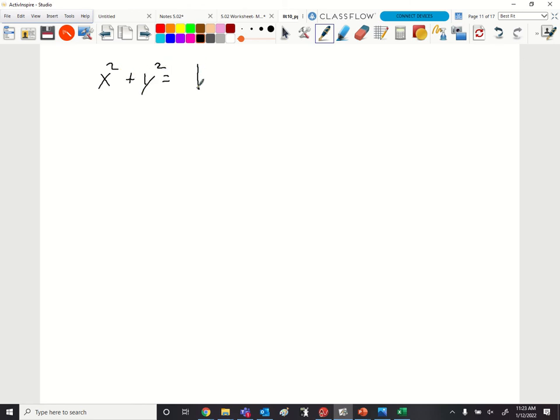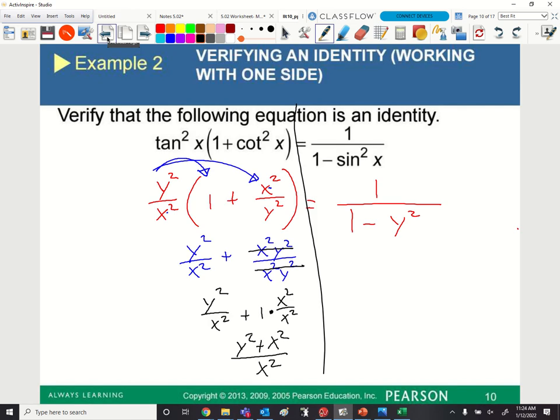So whenever I can combine x squared and y squared together, I can replace both of them with just 1. So it is basically the Pythagorean theorem. Yeah, it's the Pythagorean identity that goes along with this. So I'm going to replace this right here with 1 over x squared.